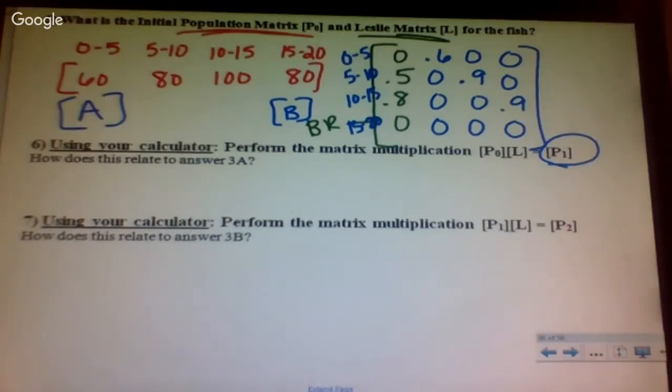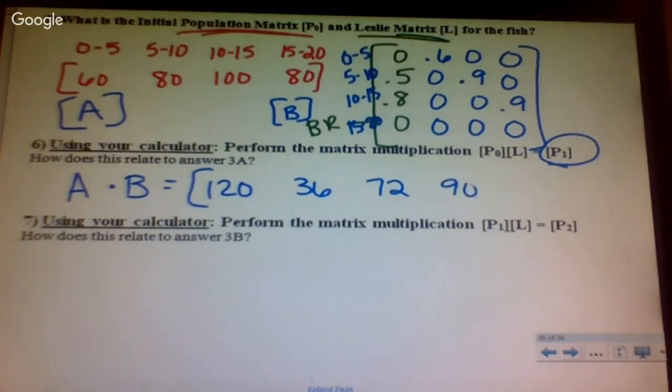After a transition, you would take A and multiply it by B. Alonzo, what did you have? 120, 36, 72, 90. So after 5 years, I now have 120 fish between the ages of 0 and 5, 36 between 5 and 10, 72 between 10 and 15, and 90 between 15 and 20.